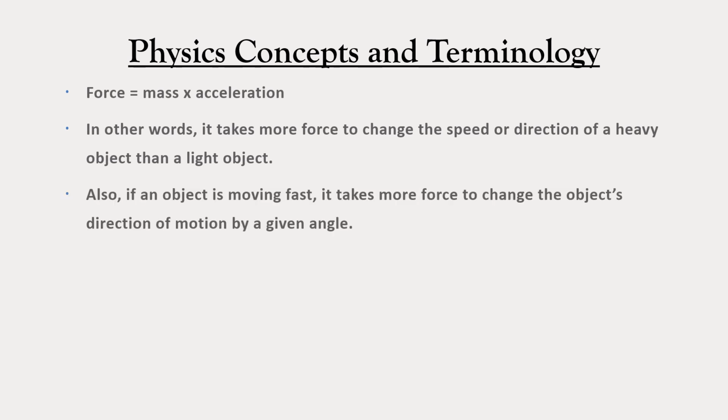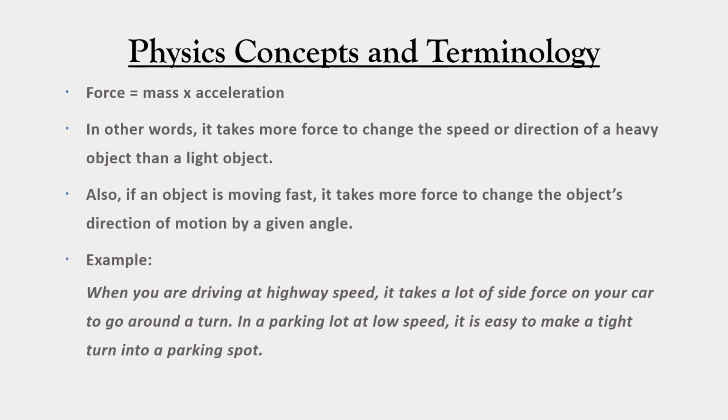If an object's moving fast, then it takes more force to change that object's direction of motion by a given angle. So when you're going north on the highway and you want to change to east over a given period of time, like say you're taking an exit ramp, at highway speed that takes a lot of side force on your car.